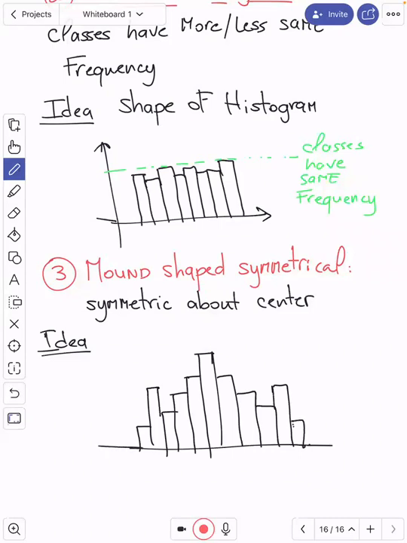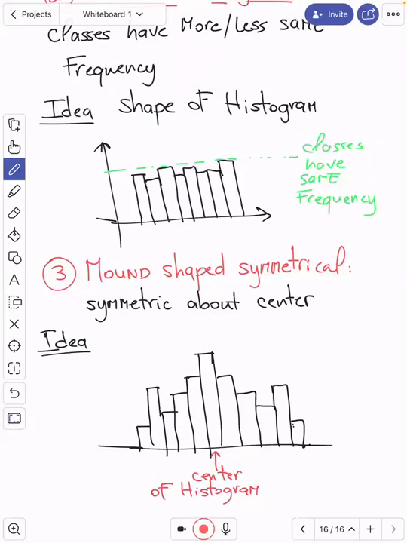You see here, guys, in the middle, that would be the center of the histogram. And this center would be like a mirror, right?